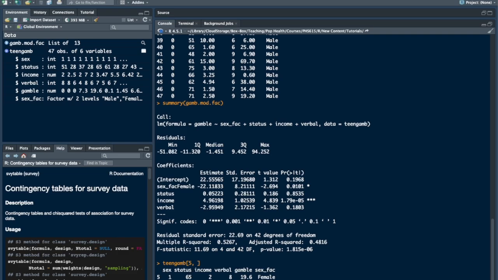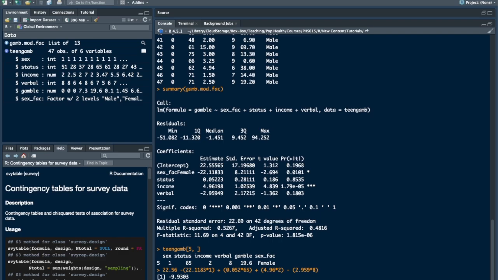So it's intercept, okay, minus 22.1183 times 1, and we've got to there, so we get the negative sign, plus the coefficient for status, so that's 0.052 times their status, which is 65, plus 4.96 times their income, which is 2, and again, it's plus a negative, but we'll just do minus 2.959 times their verbal score.